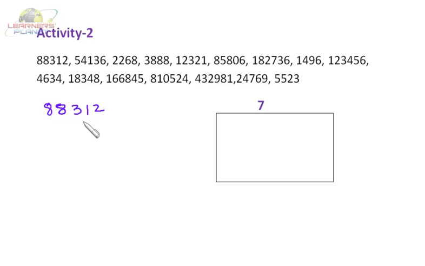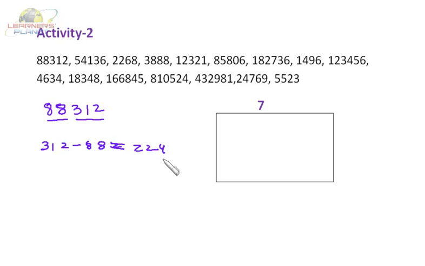So we have to make sets of 3 numbers from the units place. So it is 312 and 88. Now we have to find the difference between these two sets. So 312 minus 88. Okay. So it is 224.